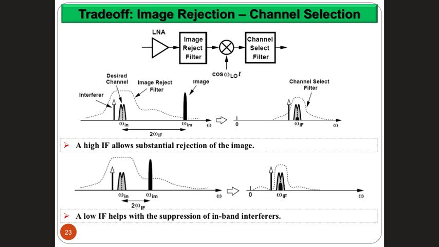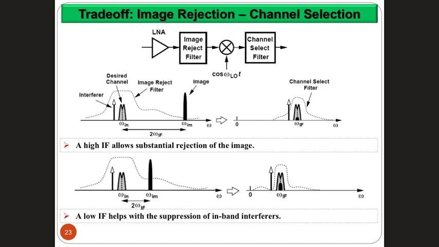But the disadvantage is because you are working at a high frequency IF, it's very difficult to actually design a filter that will reduce your adjacent interferer channels, right?